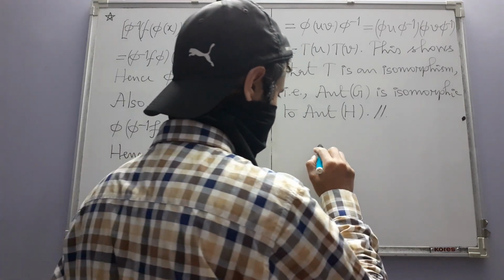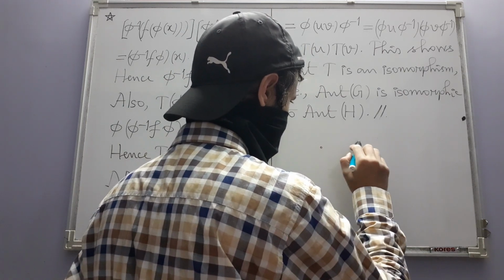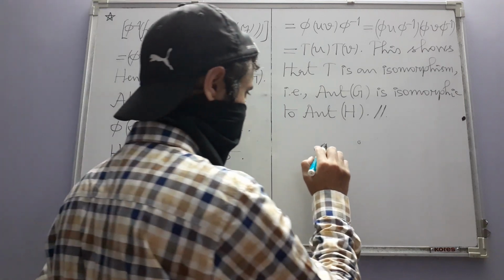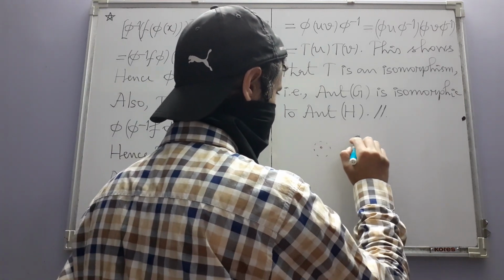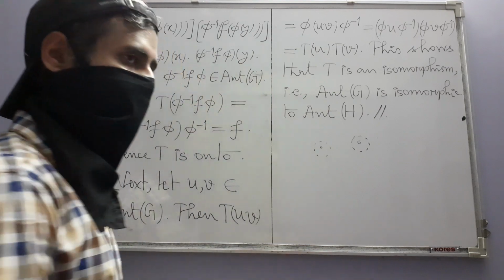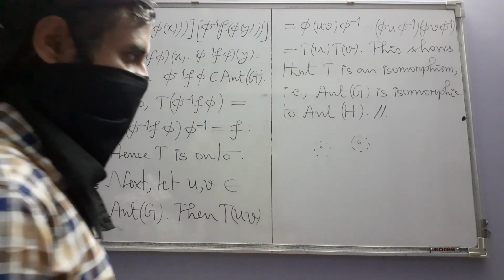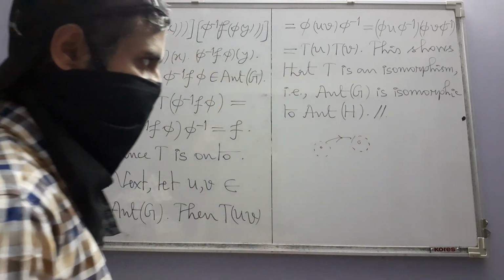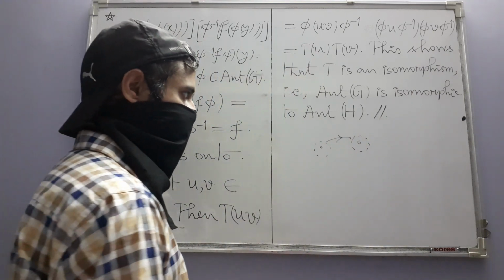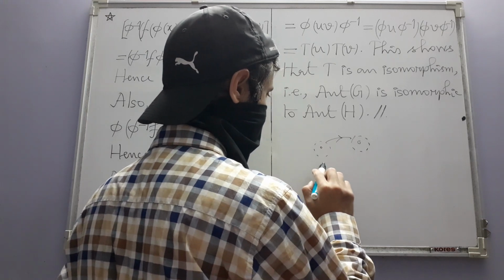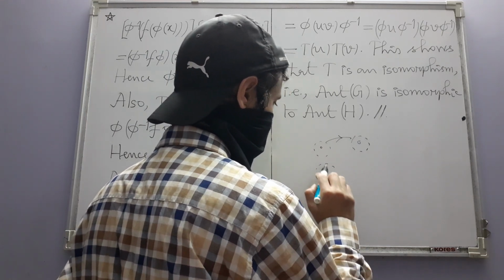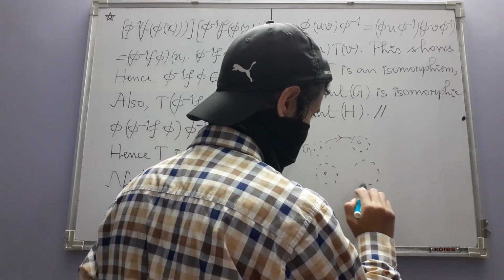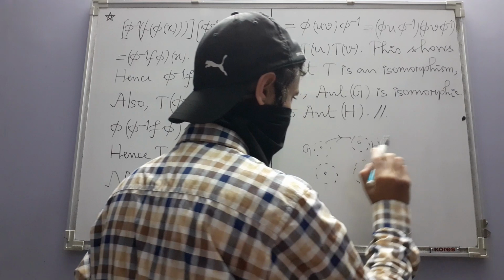Sometimes isomorphic groups appear differently, meaning one group will look like something, another group will look like something else entirely. But you know what the isomorphism between them is. So you should also be able to see how exactly the automorphism group of G is isomorphic to the automorphism group of H.